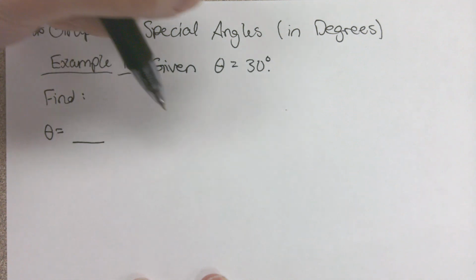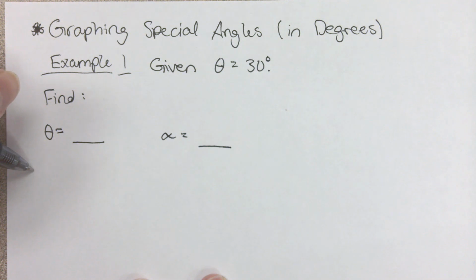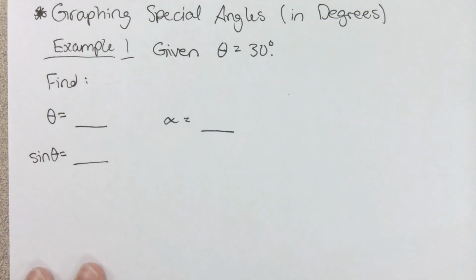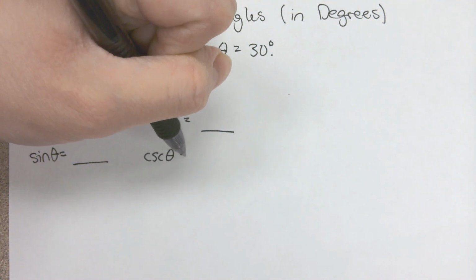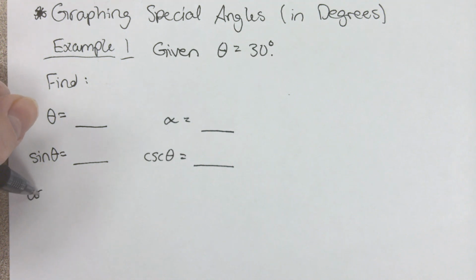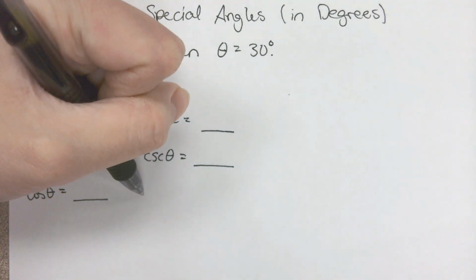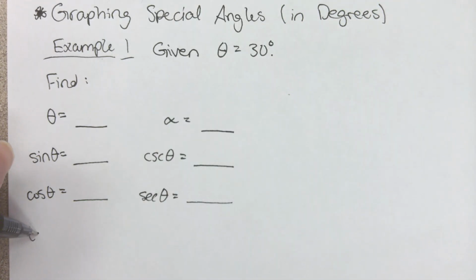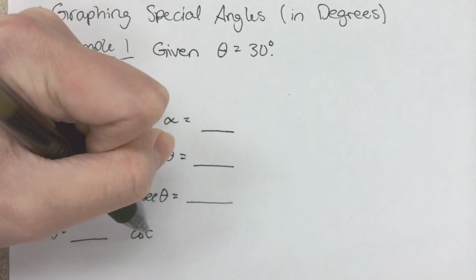Theta, alpha, sine of theta and its reciprocal cosecant theta, cosine of theta and its reciprocal secant theta, tangent of theta and its reciprocal cotangent of theta.